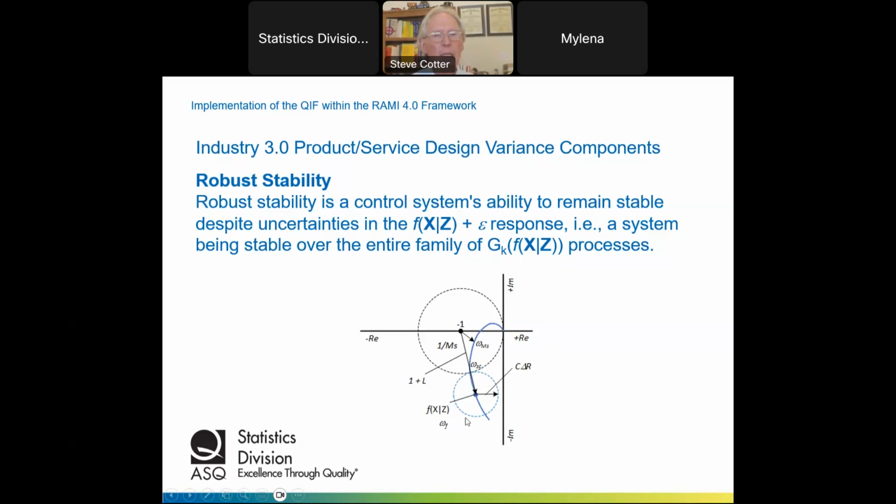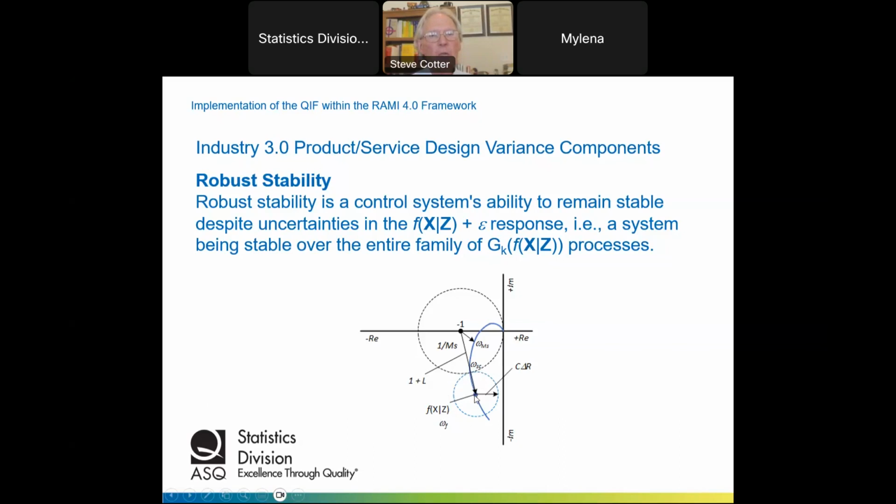And the idea here is we want to set the gain such that the f of x given z control point is far enough away from the non-robustness or instability area so that there's no overlap, or the probability of overlap goes to 0 at this point.